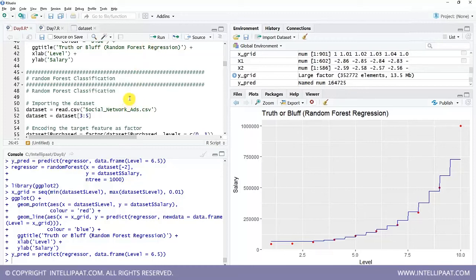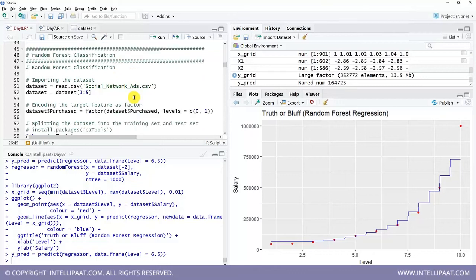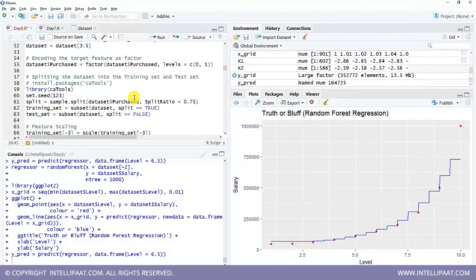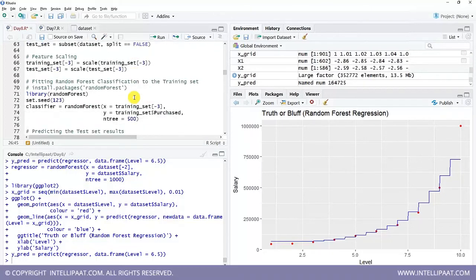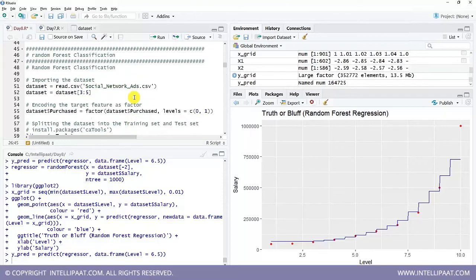So again, we did a classification example yesterday. We can look at that, or just go ahead with this example and try to understand it more. We are using a dataset called social network ads.csv. It is about social media advertisements.